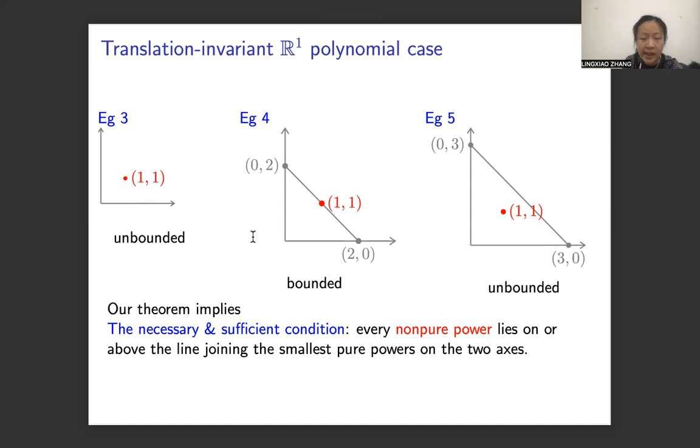And for examples 3 and 5, the non-pure point does not lie on or above the line connecting the two smallest pure powers on the two axes. So it's unbounded. So in other words, the necessary and sufficient condition in this translation-invariant polynomial case is that every non-pure power lies in the Newton polygon generated by pure powers.